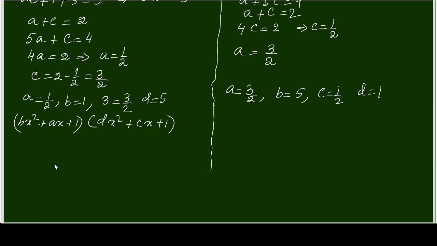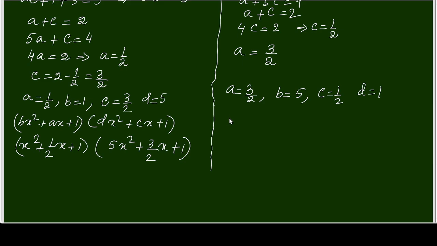This equation will be x square plus half x plus 1, and here 5x square plus 3 by 2 x. This is c, by mistake I have taken 3x, plus 1.